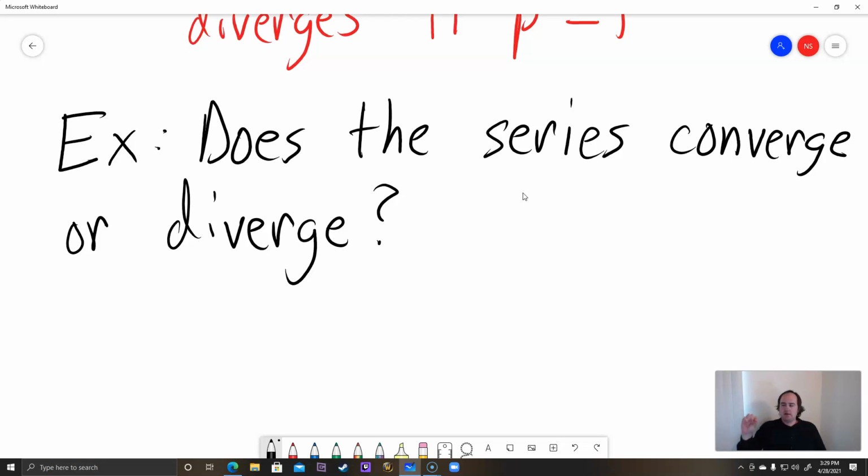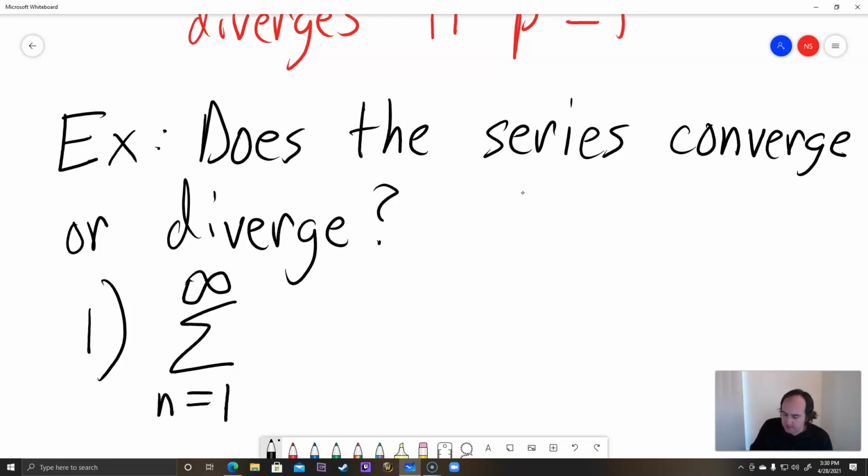So you're going to need to choose the choice that says the right sentence, because each choice is actually an entire sentence. So for example number 1 here, we're going to jump straight into a p-series. So this one is the sum from n equals 1 to infinity of 3 over the square root of n.